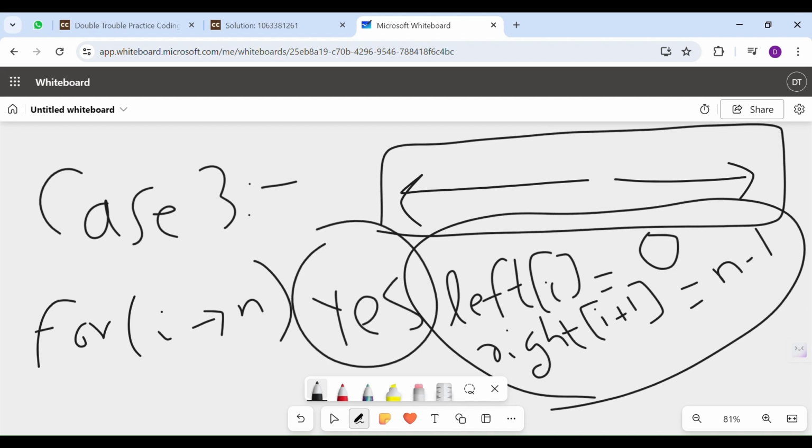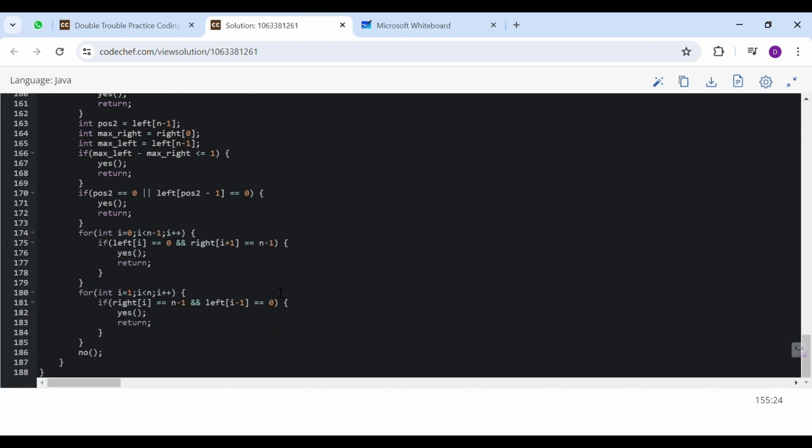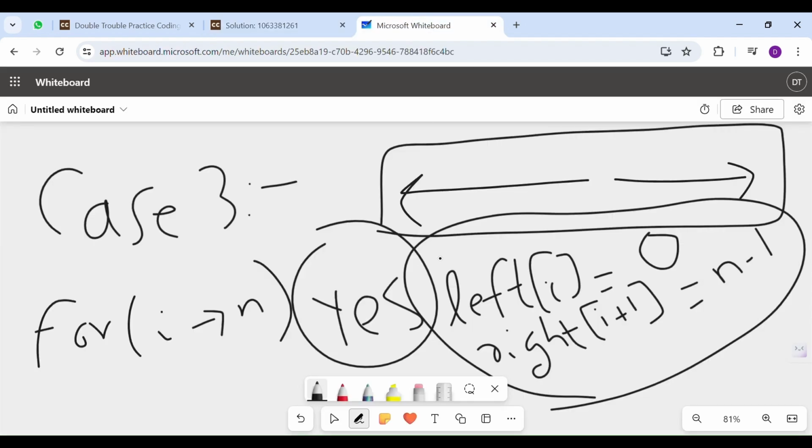So I will check this for every I from 0 to n. Instead of left of I and right of I plus 1, I have added one more case over here, right of I and left of I minus 1, just for precaution.